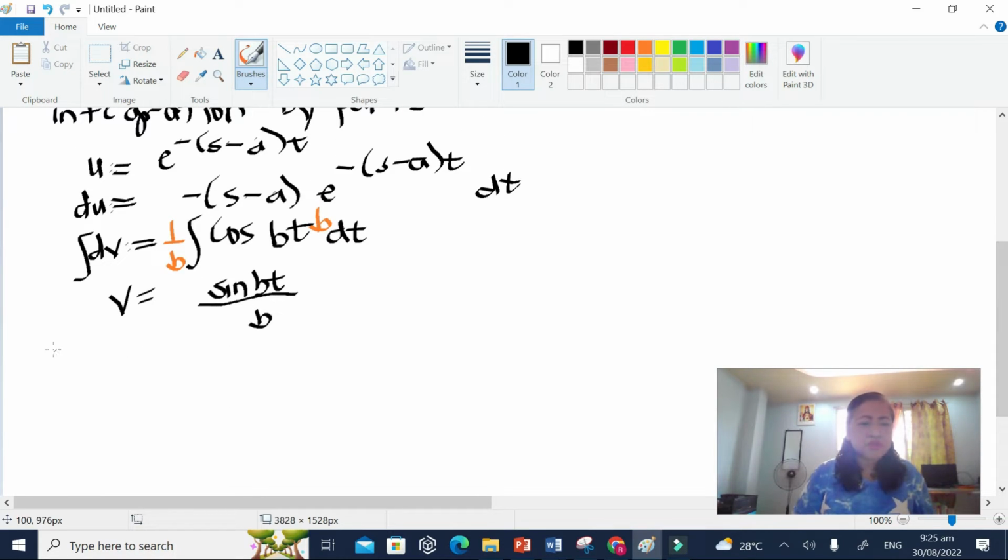Now, by integration by parts, the integral of u dv will be equivalent to u times v minus the integral of v du.